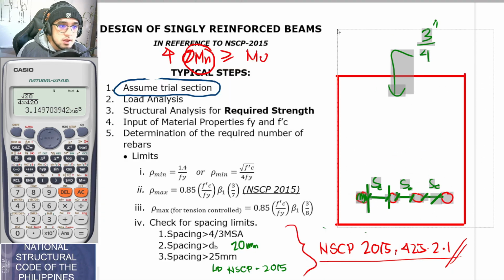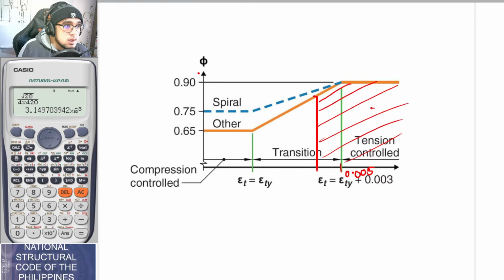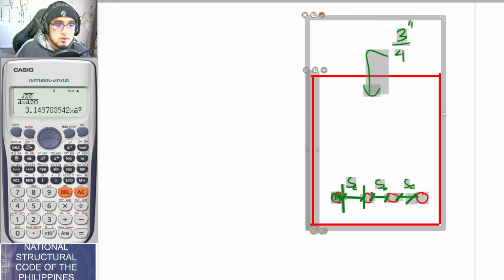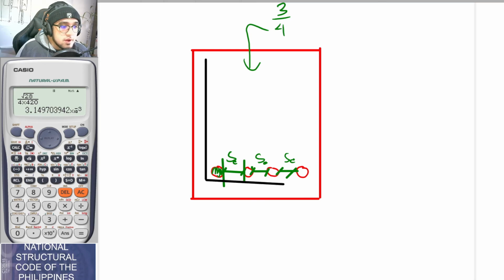So I would just be copying this to another slide. So let's say here. If you can remember, guys, and if you cannot, dapat maalala nyo that we still have shear reinforcements here. So for example, this is to be your shear reinforcement. I'm sorry for the inaccuracy of works.